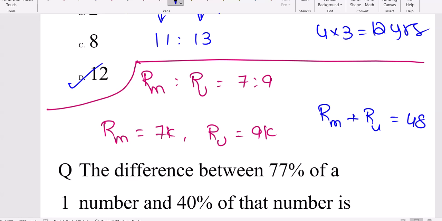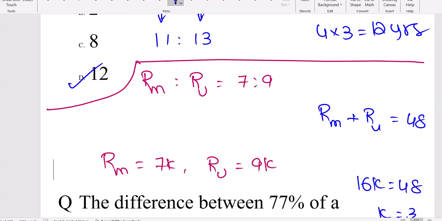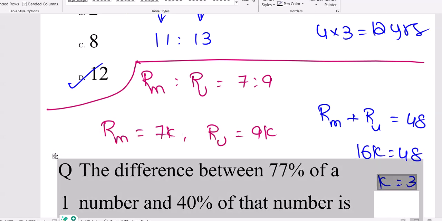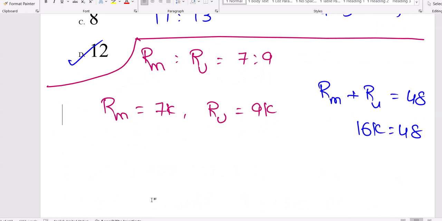So 7K plus 9K, 16K equal to 48, K equal to 3. I hope up to now things are clear for you. Yeah, K equal to 3.